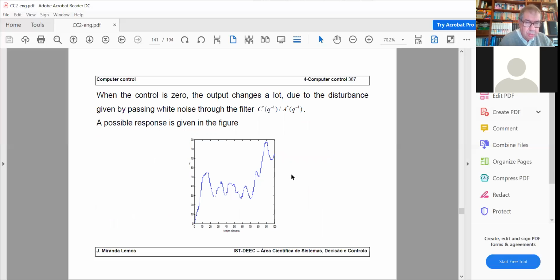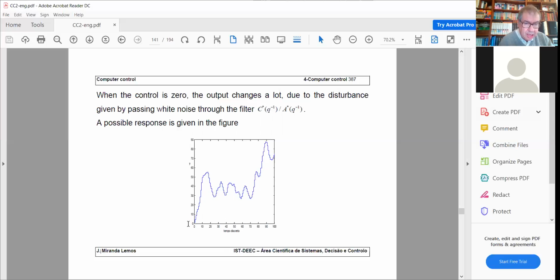Now, suppose that you make U equal to 0. If you make U equal to 0, your plant is just this one, so your output is just wandering. If you repeat it with a different sequence of noise, you will get a different sequence of outputs.